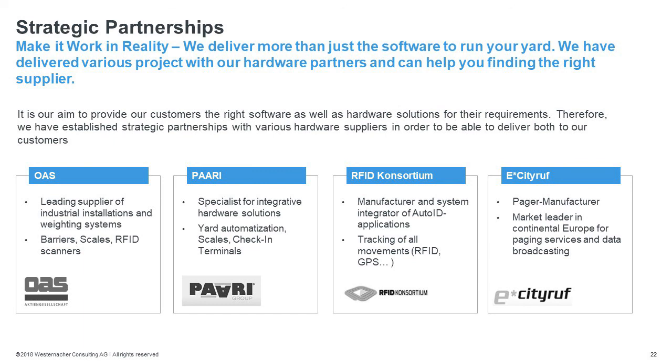Another company that we're working together with is eCity Roof. They are a manufacturer of those pagers. They are the market leader in Europe, and this pager has one advantage: it's connected to the mobile network. So whenever you have some service with your mobile phone, you then are also able to receive those pager messages.